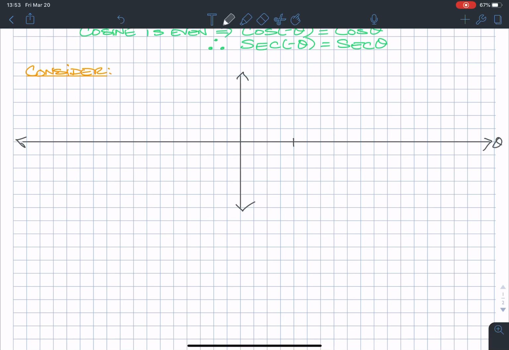I have 4 quadrants going forward and 4 quadrants going back. I have an amplitude of 1. First quadrant is pi over 2, then pi, then 3 pi over 2, and then 2 pi. I have negative pi over 2, negative pi, negative 3 pi over 2, and negative 2 pi.